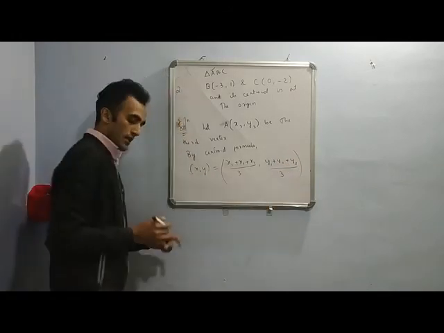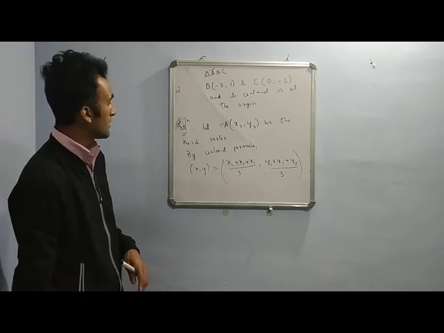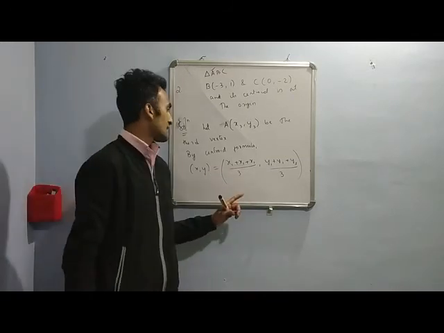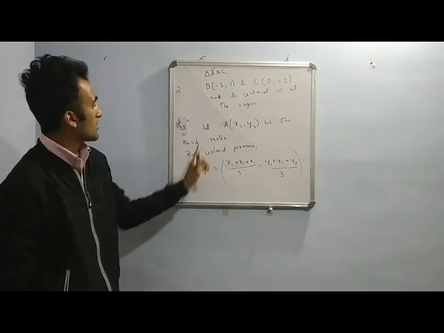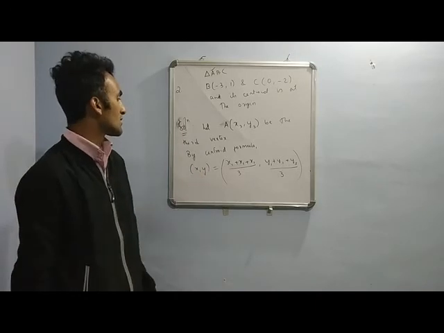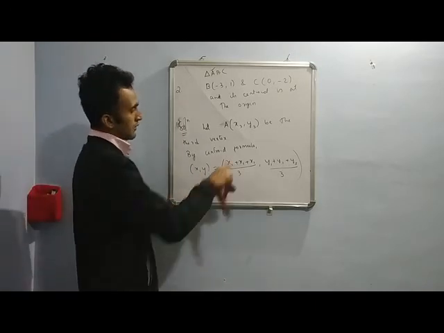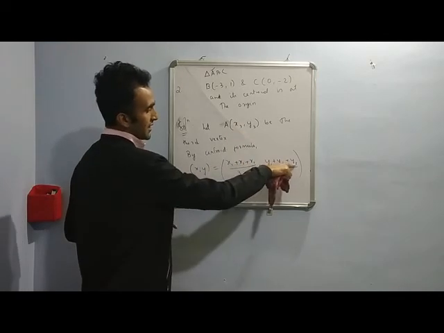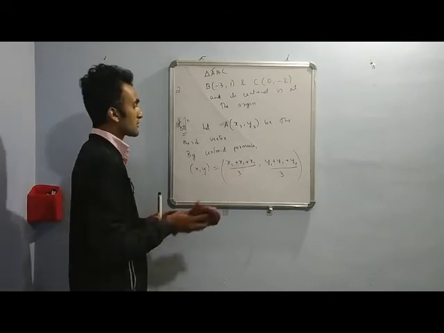We are not going to find out the coordinates of centroid, we have to find out the third vertex. Centroid lies at the origin, means x will be 0, y also will be 0. Now, just pause the video and note it down. x3 and y3 let it remain, x1, x2, y1, y2 I'll put the values.